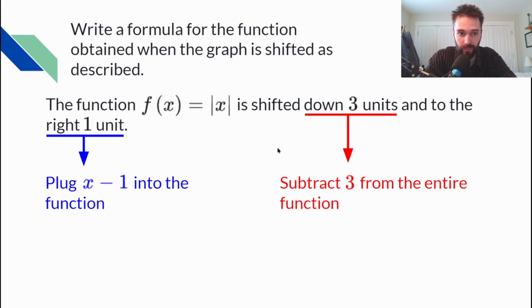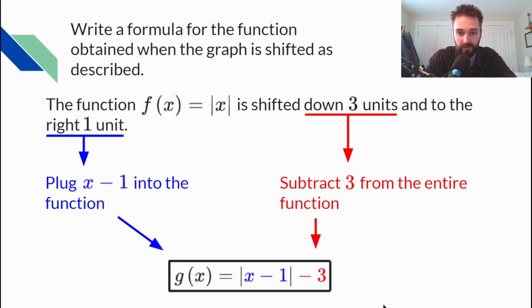When we plug x minus 1 into the function f, we have the absolute value of x minus 1, and then we just need to take that whole thing and subtract 3. So this is my final answer: g of x equals the absolute value of x minus 1, minus 3.